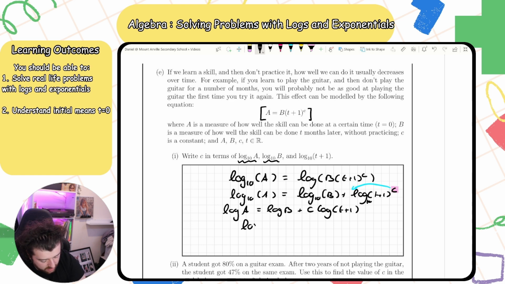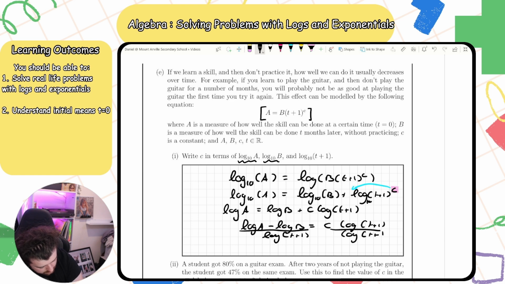So I'm going to have log A minus log B equals c log (t plus 1). Divide both sides by log (t plus 1). And so c is equal to log A minus log B all over log (t plus 1).